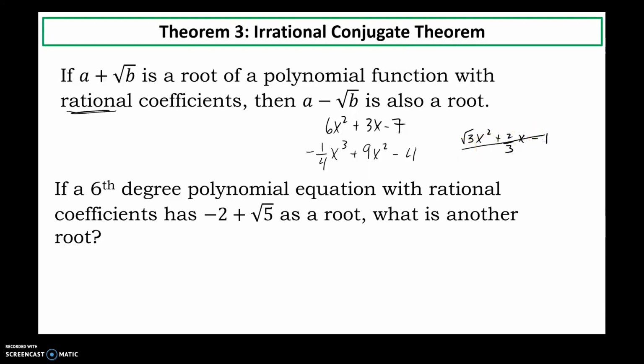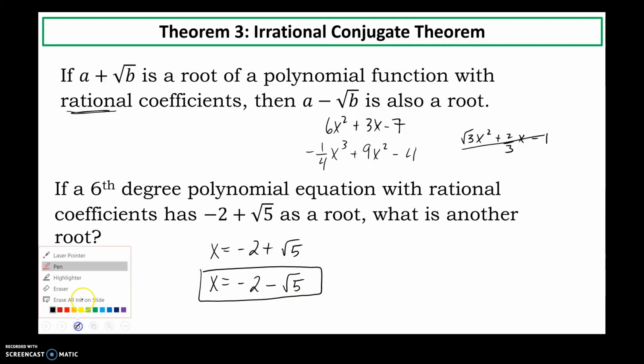If a 6-degree polynomial equation with rational coefficients has negative 2 plus root 5 as a root, what's another root? If we know that this is a root, then the irrational conjugate, negative 2 minus root 5, is also a root. Hopefully you're seeing all you change here is the sign in front of the radical.